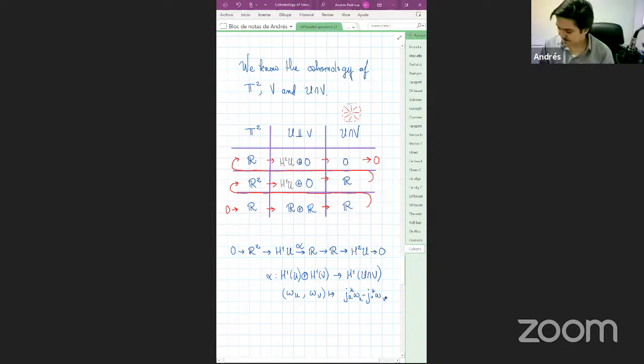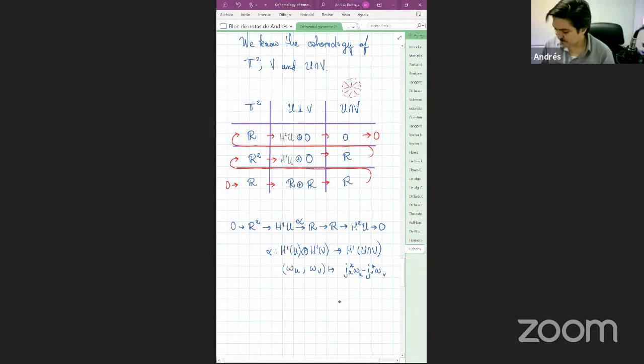Now, in our example, this is 0. So alpha is a map, a form, and 0 here.